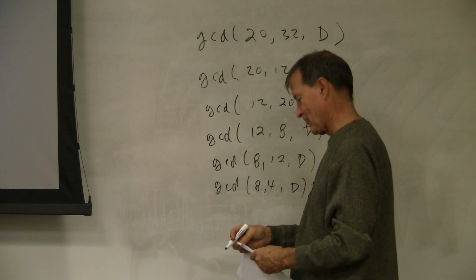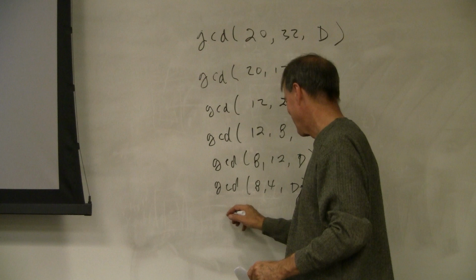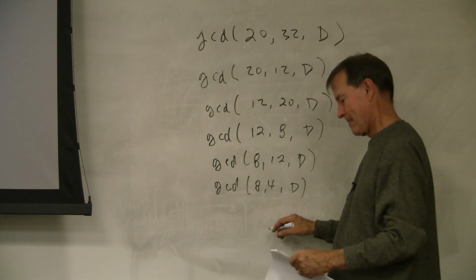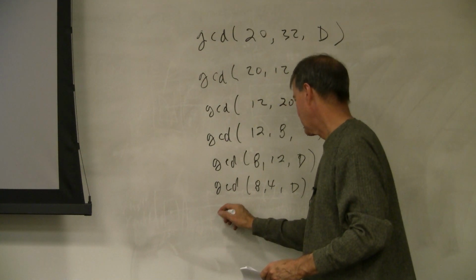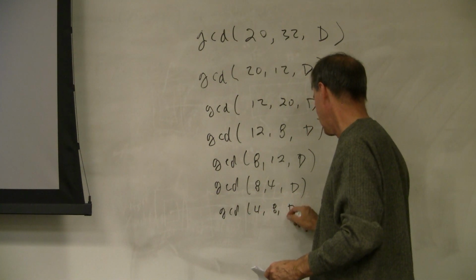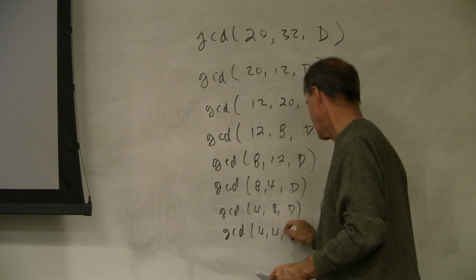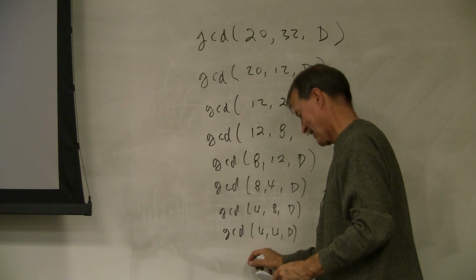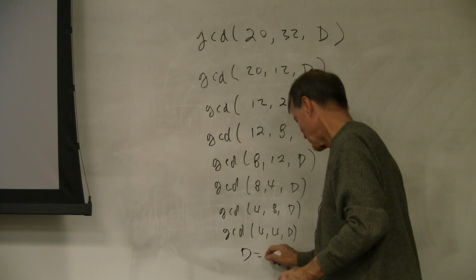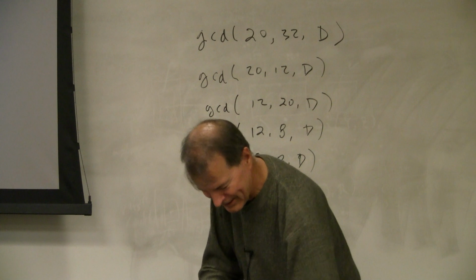I kind of hate to say call, because that sounds like functional, but anyway. GCD 4 8 D, and then GCD 4 4 D, and now what? D equals 4. Yeah. All right.